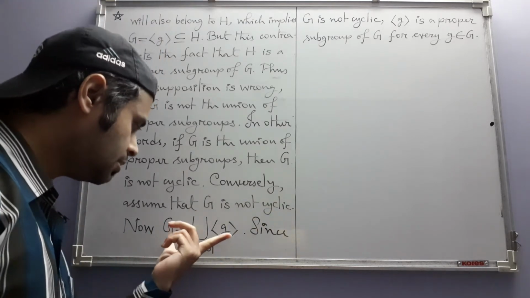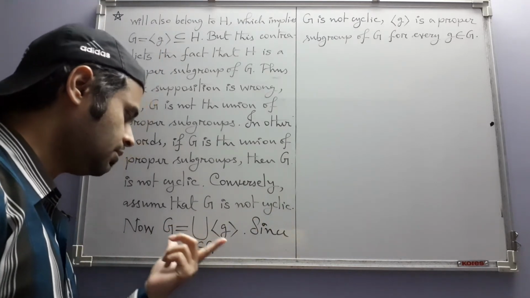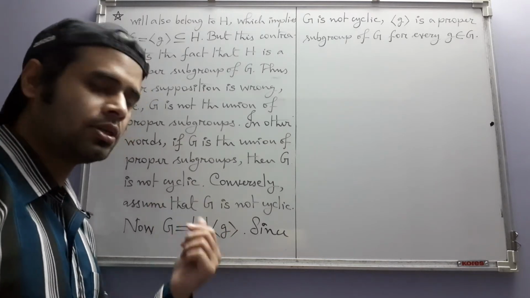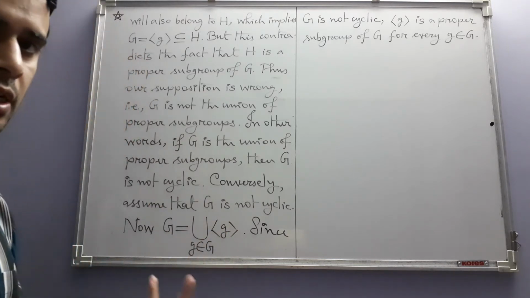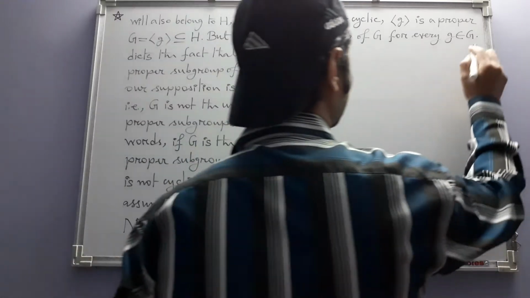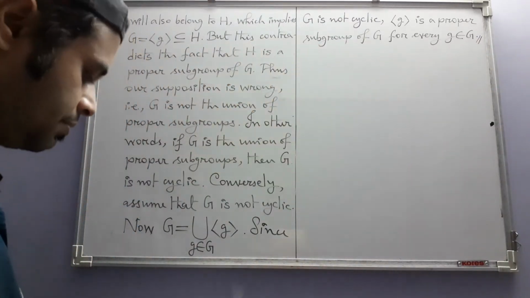So that means G is a union of proper subgroups. That's what we wanted to show. So that is the converse part, and the solution is over.